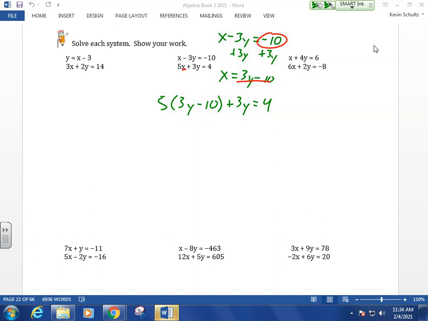And I think this is going to work out more evenly now. I believe it does. Because that gives us a 15y minus 50 plus 3y equals 4, which still gives us that 18y. But now when we move that 50 over, instead of subtracting it to get a negative 46, we're going to be adding it, and that gives us 18y equals 54, which does work out evenly.